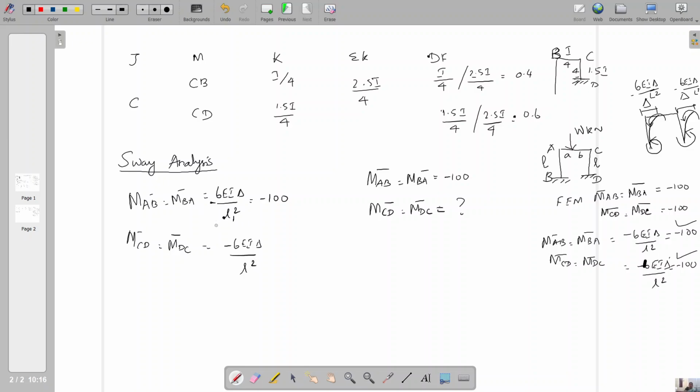If you divide both the equations, we can solve by some other method.